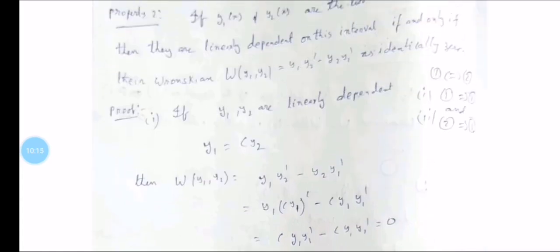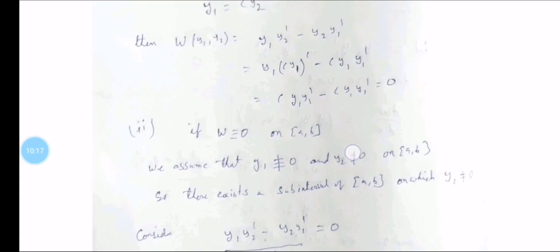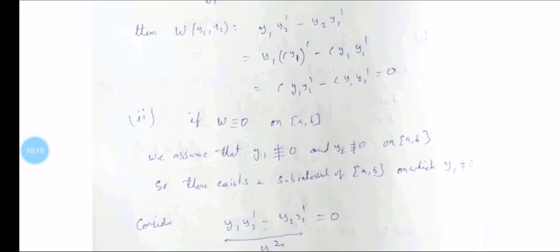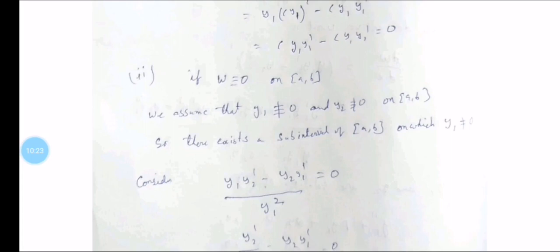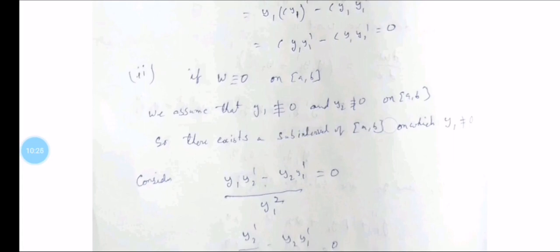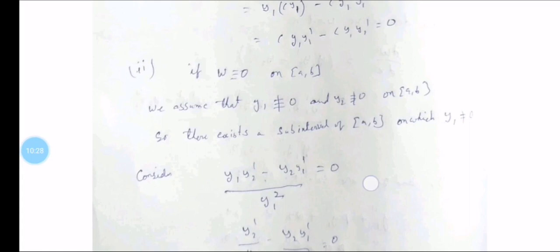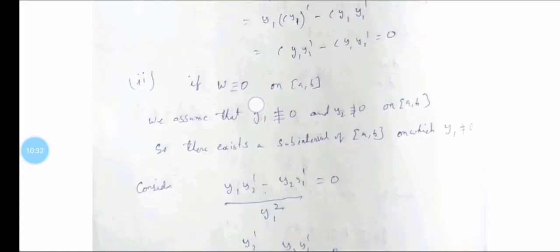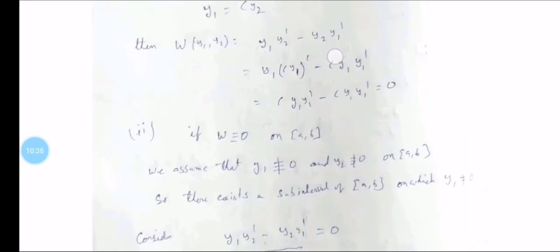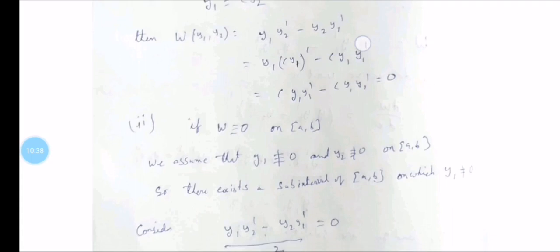Now we prove it the other way. Suppose W is 0 on some interval ab, and we assume that y1 and y2 are not equal to 0. W is 0 means y1 y2 dash minus y2 y1 dash equal to 0.